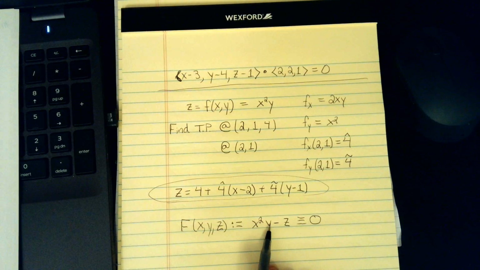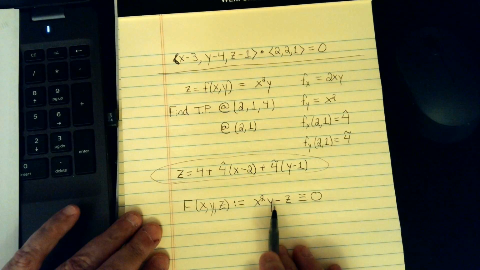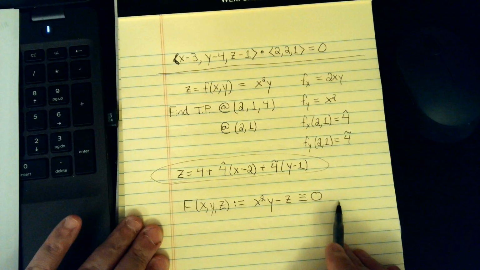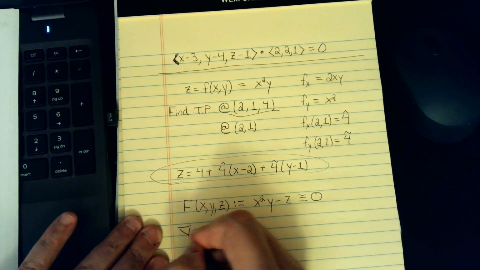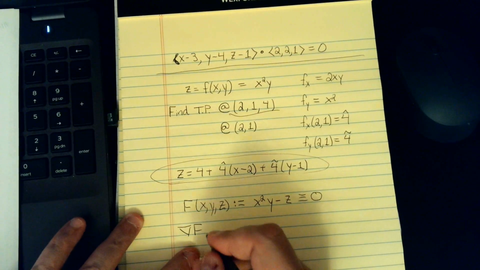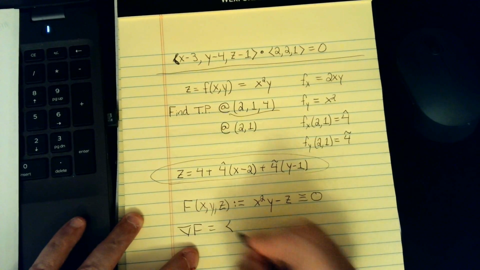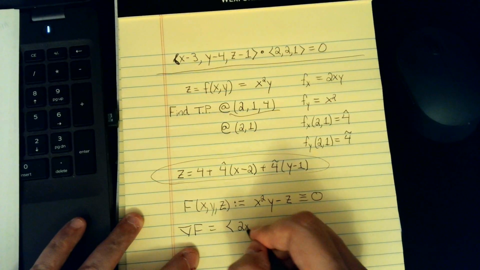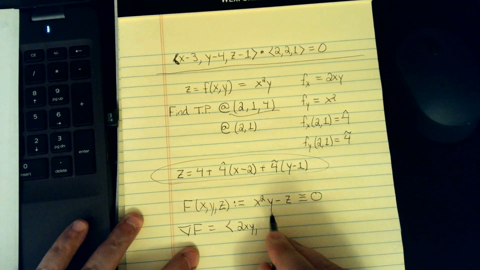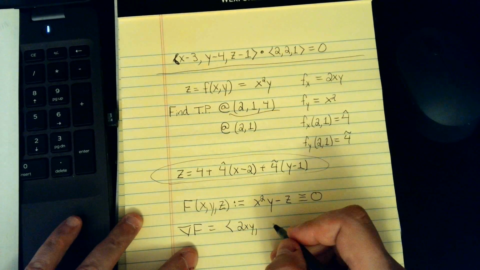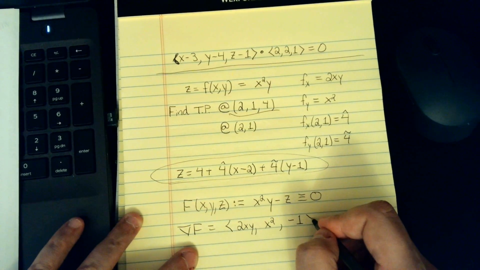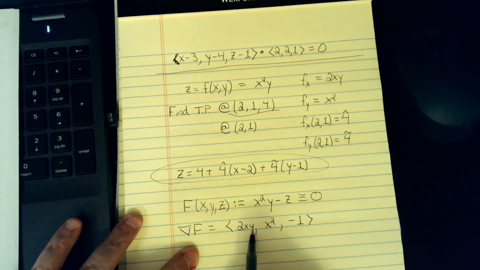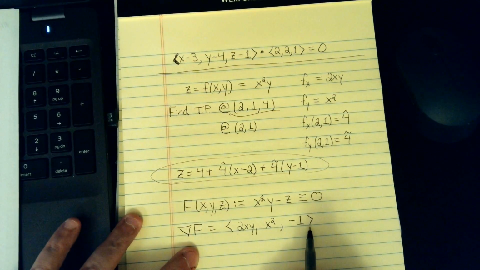So what do I do if I want to find a tangent plane to a level set at the point 2, 1, 4? Well, I take the gradient of big F, and I will get 2xy, x squared, negative 1. It's my x derivative, my y derivative, and my z derivative.